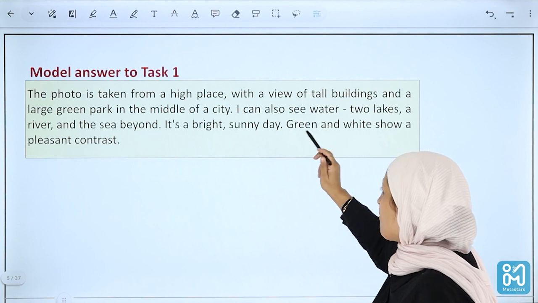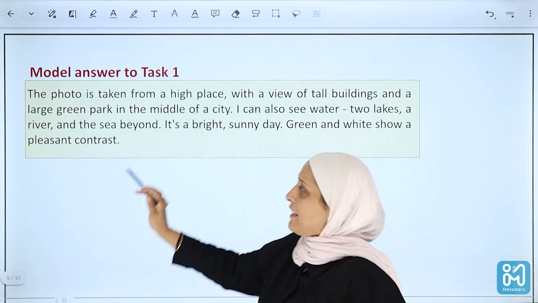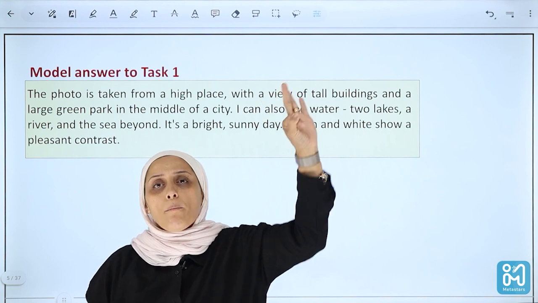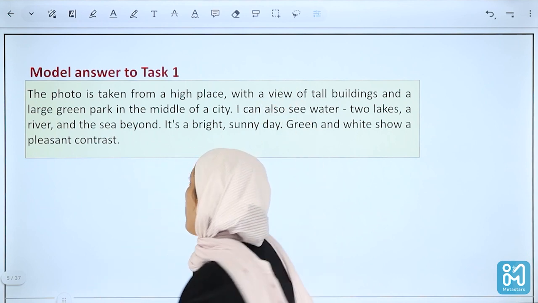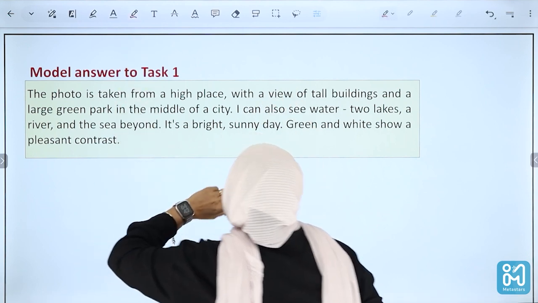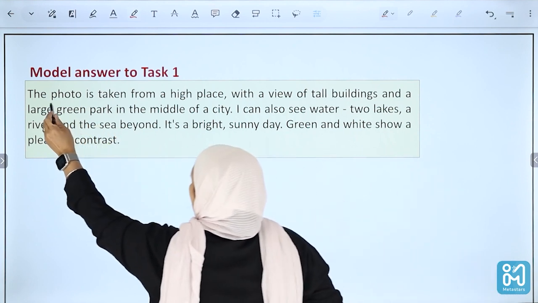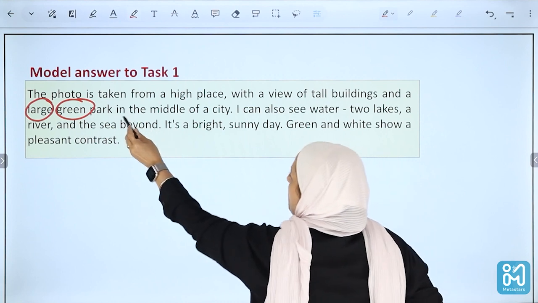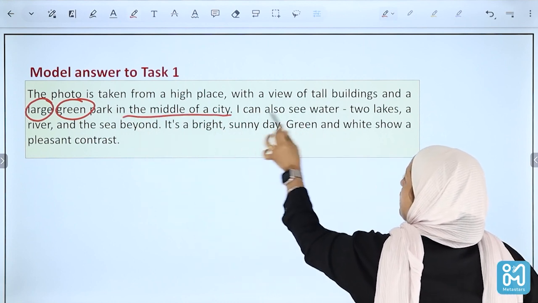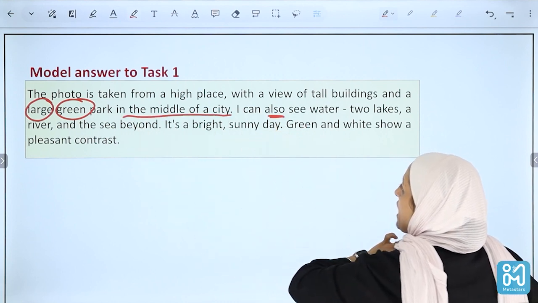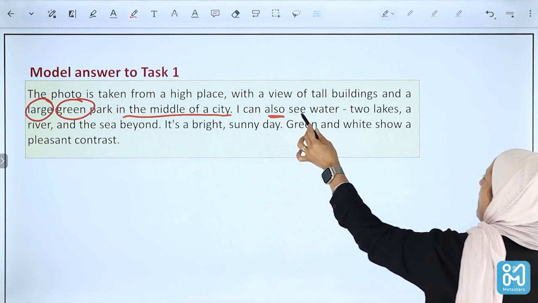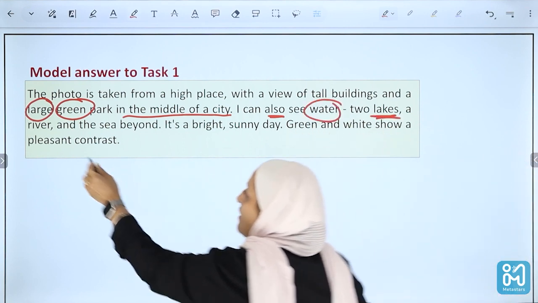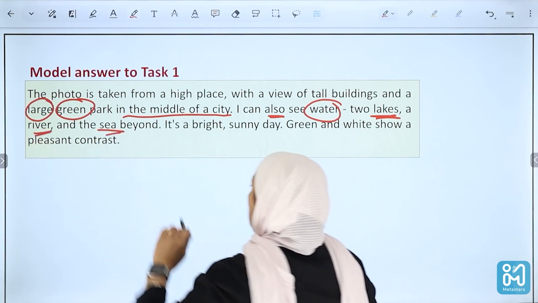Okay? So here we can see that you can write 3 compound or complex sentences. Of course, you must include adjectives like large, green, and phrases like in the middle of a city. Also, look, I'm using the linking words: I can see water, talking about the lakes, the river, and the sea beyond.